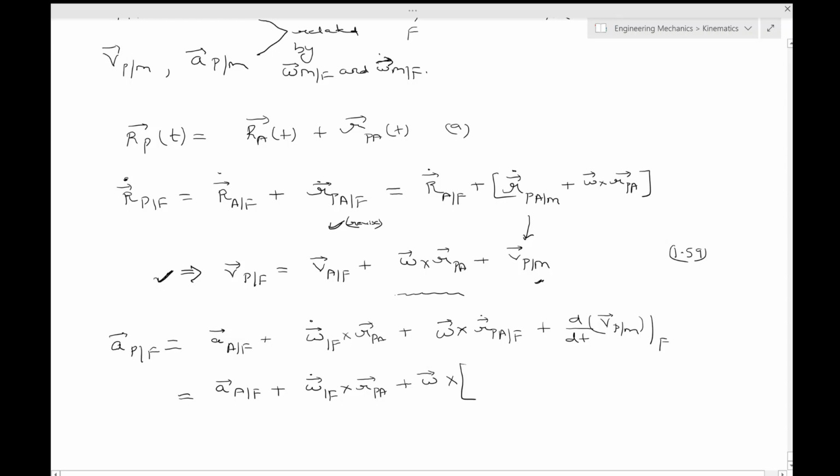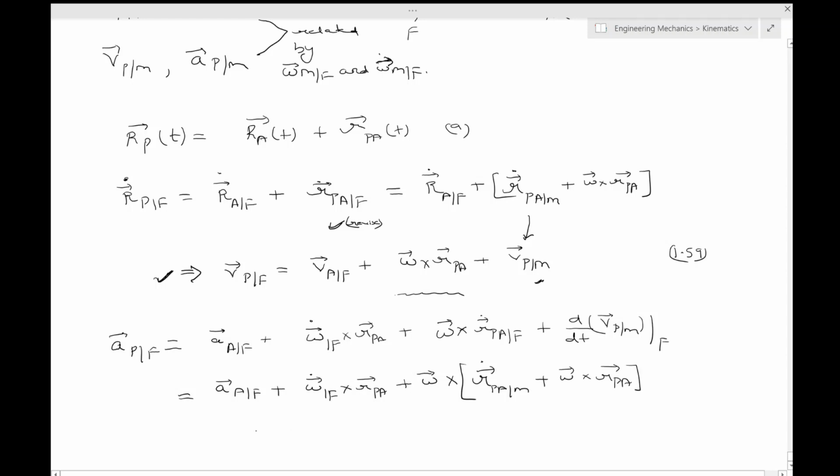This one will be done: r dot pa is a constant vector, so that can be written in f as r_pa of m dot, since r_pa is a constant vector in m, plus omega cross r_pa.